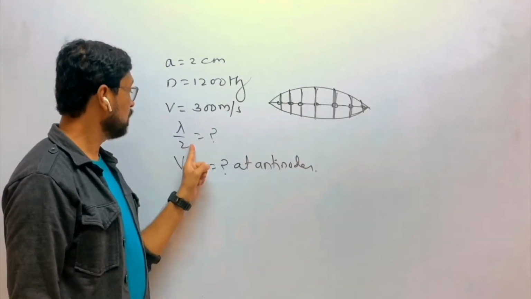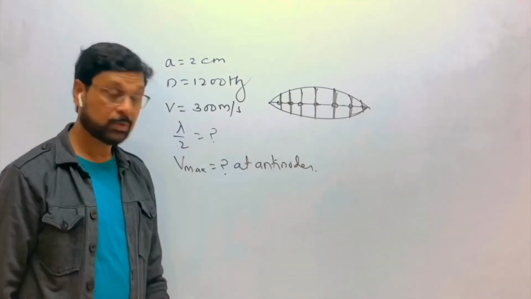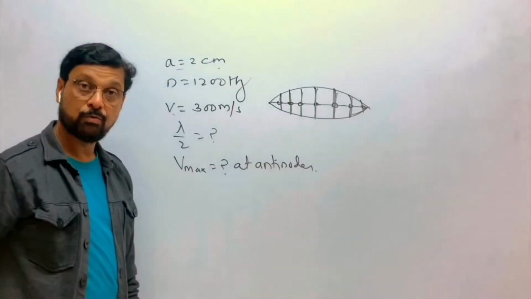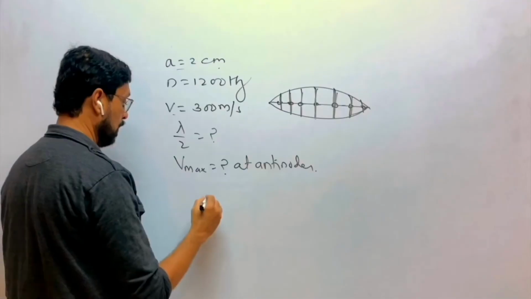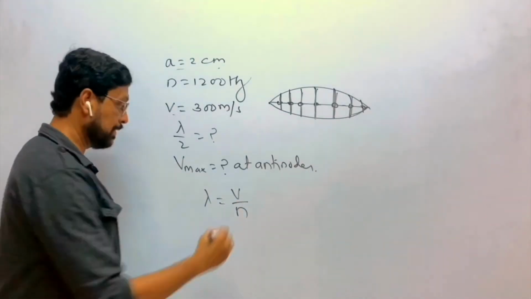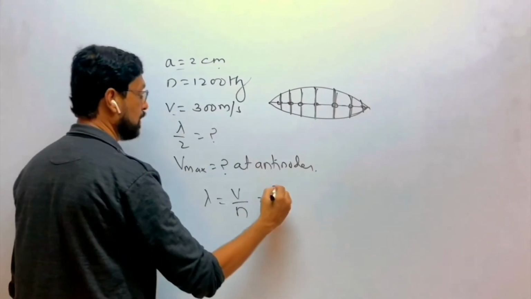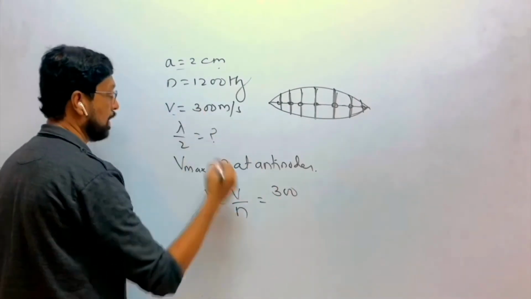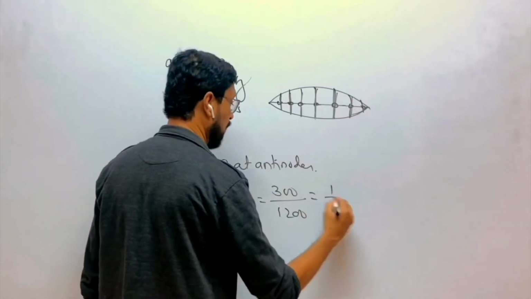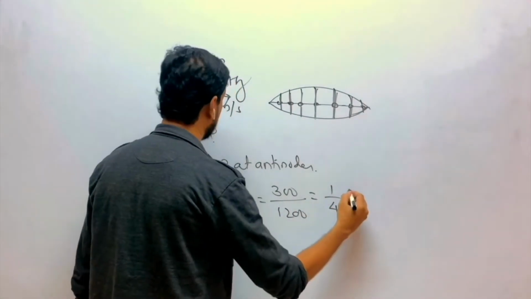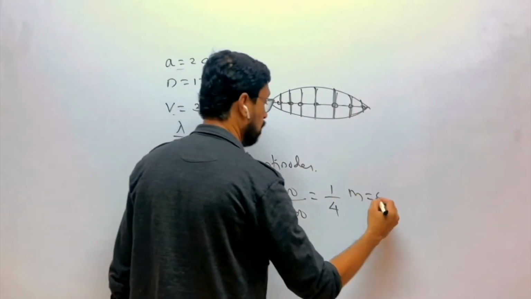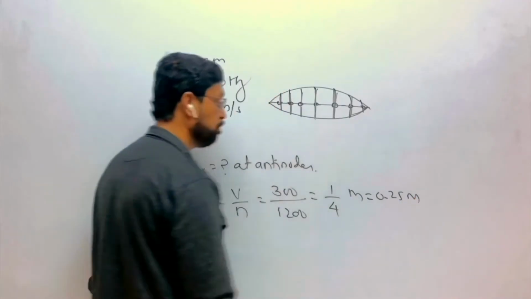So first you have to find lambda by 2. You are given amplitude, frequency and velocity. So lambda is equal to V by n. That is equal to velocity is 300 and n is 1200. That is equal to 1 by 4 meter, because velocity is in meter, or you can say 0.25 meter.